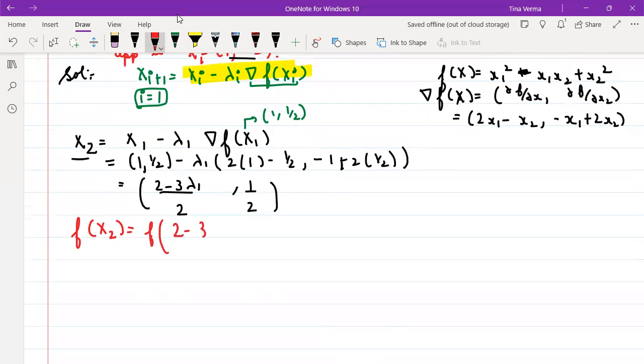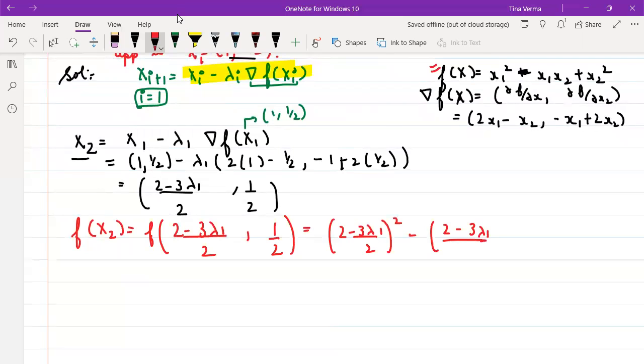That in place of x1 you will substitute 2 minus 3 lambda 1 by 2, and in place of x2 you will substitute 1 by 2 in the function f of x. Clear? So what will be this? This will be 2 minus 3 lambda 1 upon 2 square minus x1 2 minus 3 lambda 1 by 2 into your x2 is your half plus x2 square.